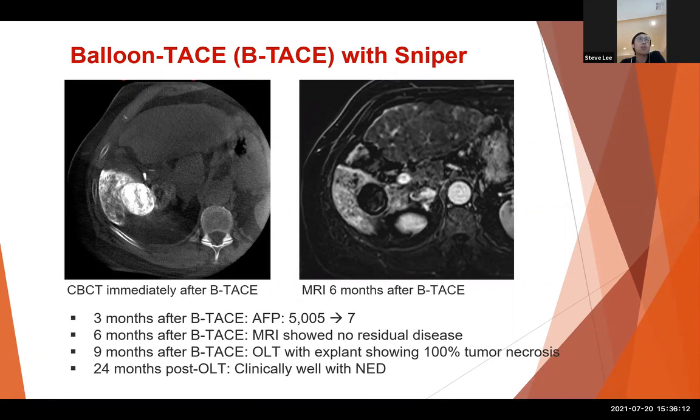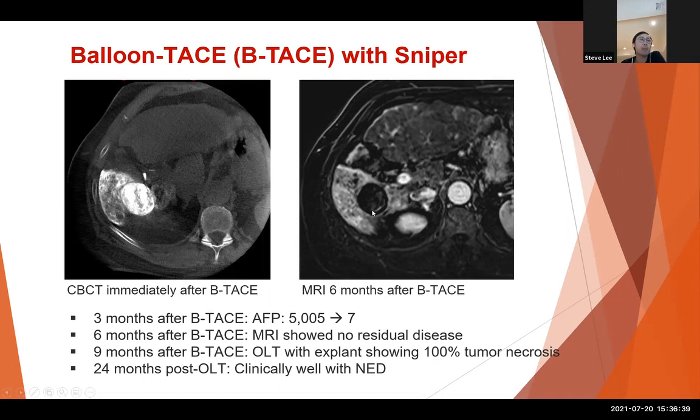So this is one of the first cases I did with Sniper. And as you can see on this image on the left, the cone beam CT performed immediately after BTACE, you have very dense Lipiodol retention within the tumor, as well as uptake surrounding the tumor. And this led to a really nice response. 3 months after BTACE, the AFP tumor marker decreased dramatically from over 5,000 to 7.